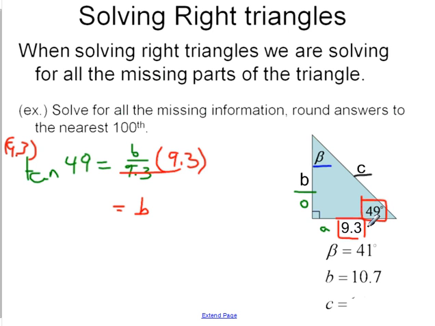So now, if I'm looking at C, what trig function would use an adjacent side and a hypotenuse? In this case, we have a cosine.